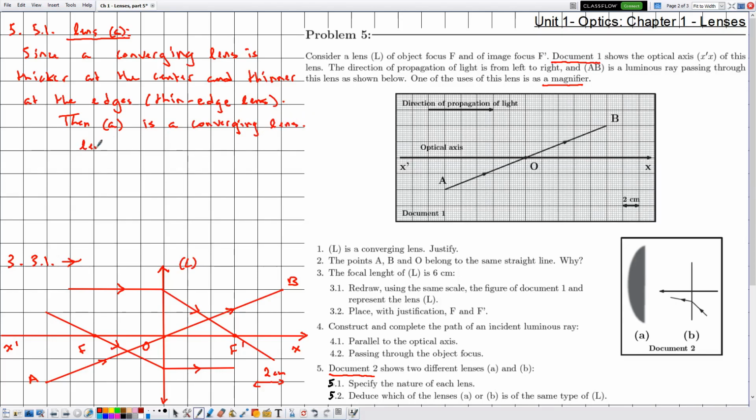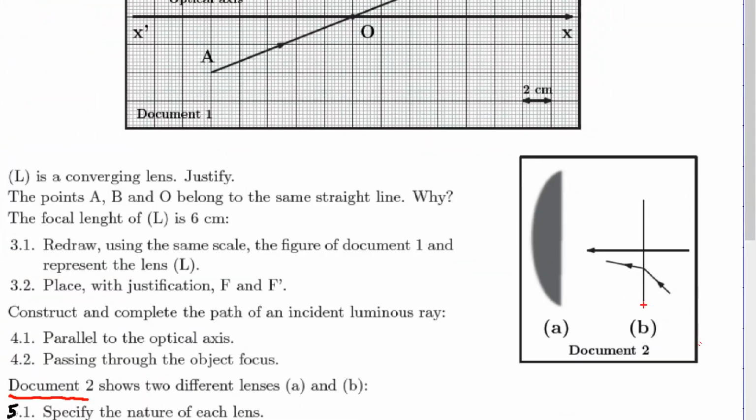As for the lens B, this is the lens and this is the optical axis, and this corresponds to a ray. This is the incident ray and this is the emergent ray. Notice that in this case the emergent ray emerges away from the optical axis.